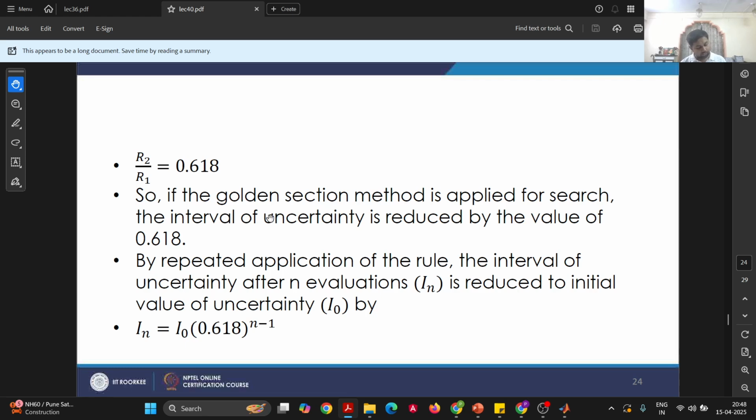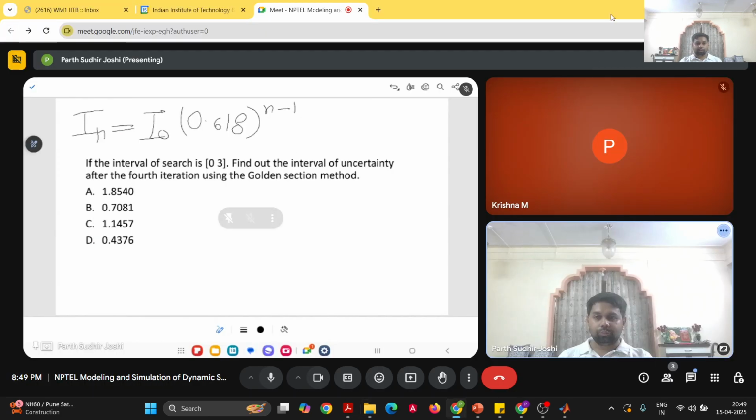For the nth iteration, if the length of the interval in the nth iteration is In and the initial length of the interval is I0, the formula for estimating the length of the interval after n iterations is In equal to I0 into 0.618 to the power n minus 1.